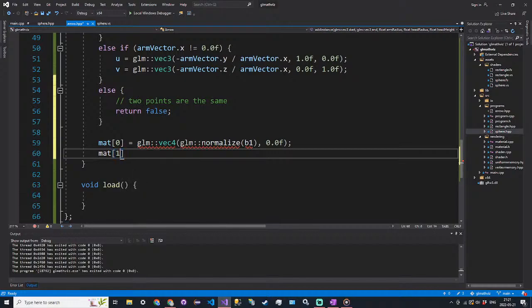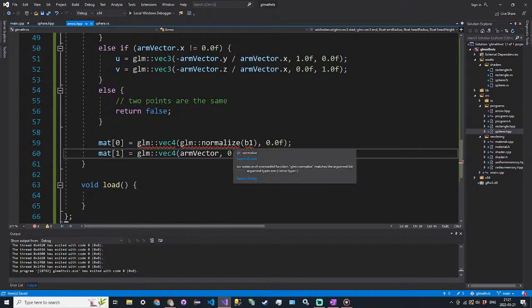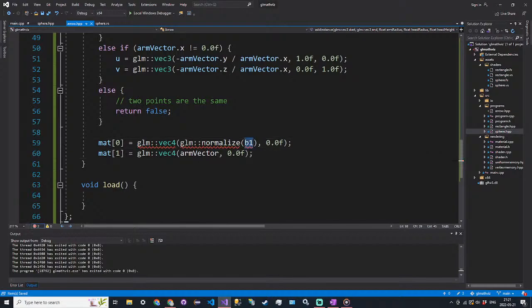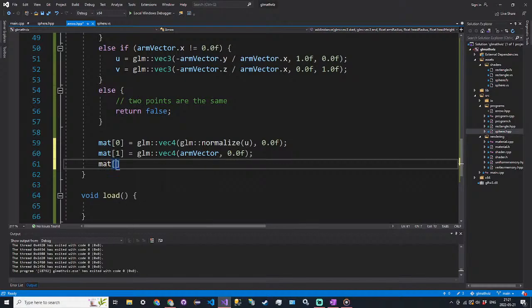And then mat at 1 is equal to GLM vec4 arm vector and 0.0. What am I getting here? Oh, not B1, it's U, sorry. And then mat at 2 is equal to GLM vec4. This is going to be V, so we normalize V, and the last component is 0.